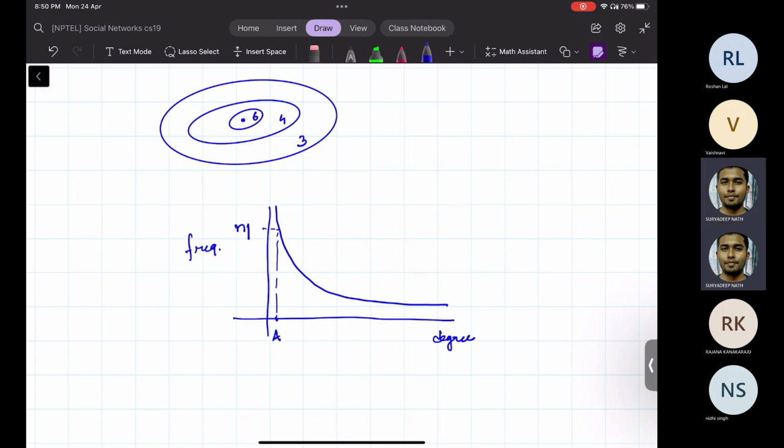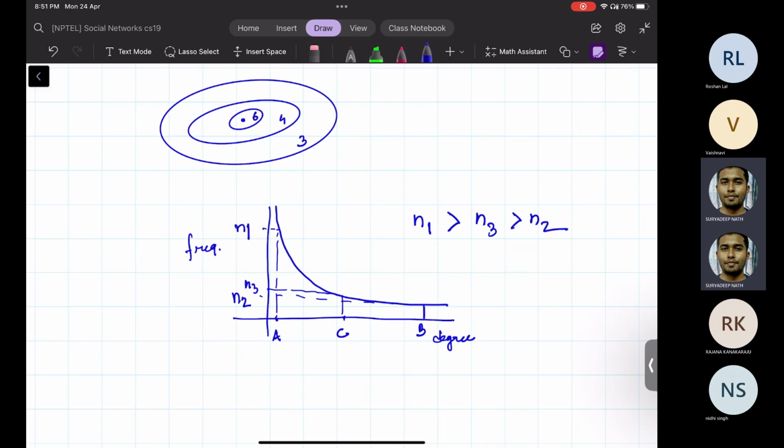N2 is the number of nodes having the highest degree. Let's say B is here, with the highest degree. N3 represents the number of nodes having the median value of degree, around here, C. So it would actually be N1 greater than N3 greater than N2.